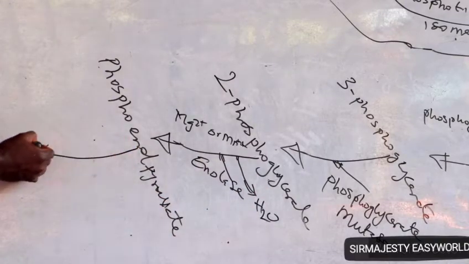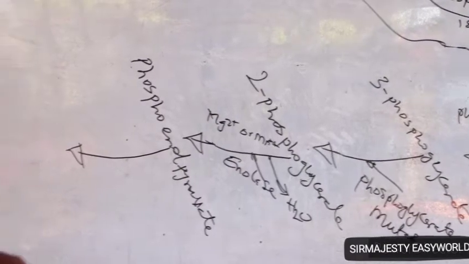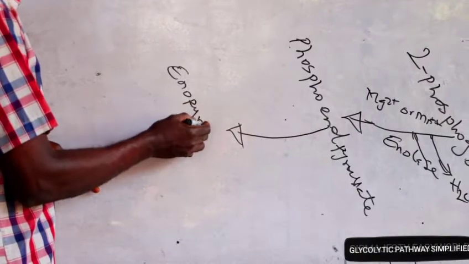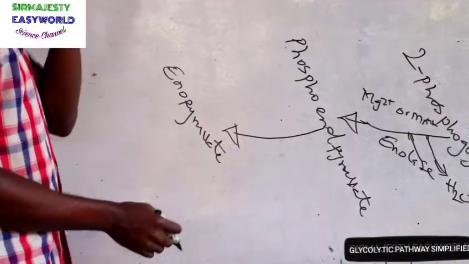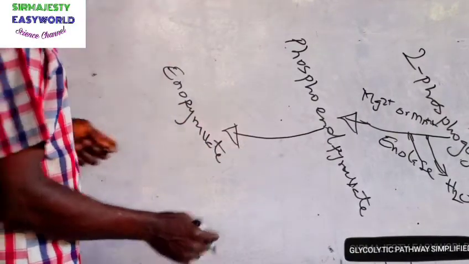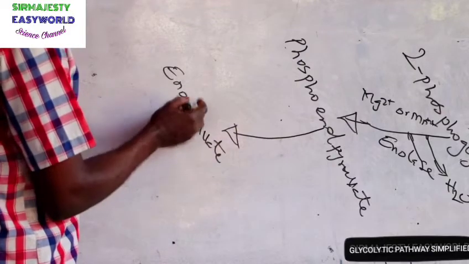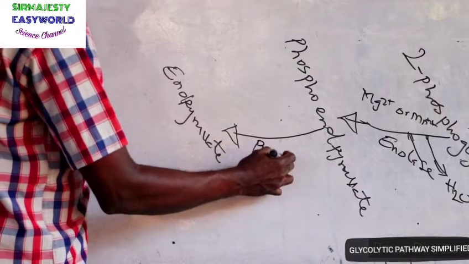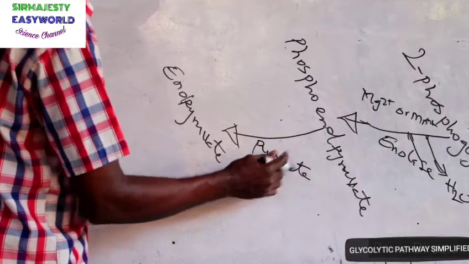Then phosphoenol pyruvate is finally converted to enol pyruvate. The enzyme involved here is pyruvate kinase.